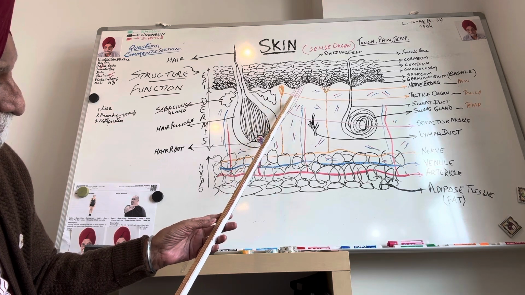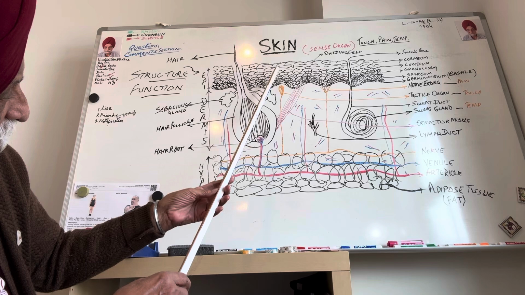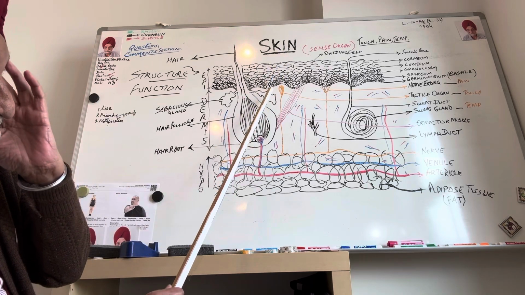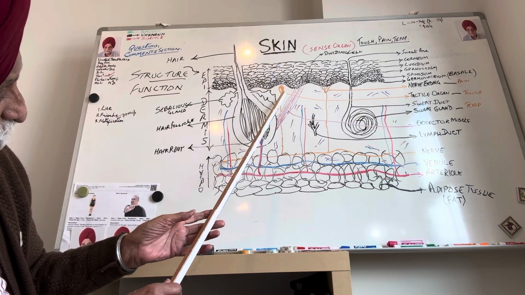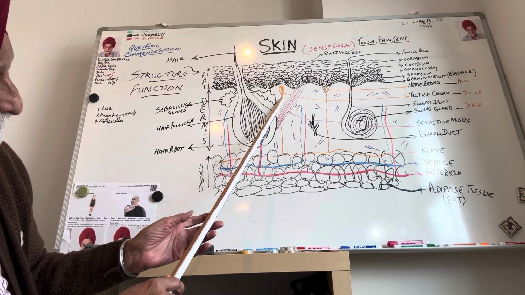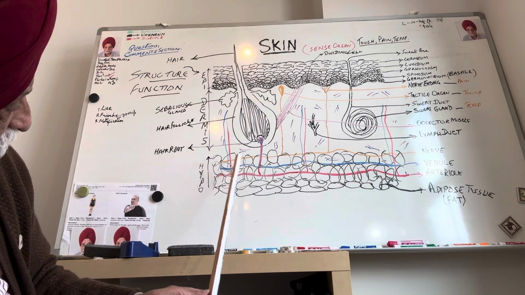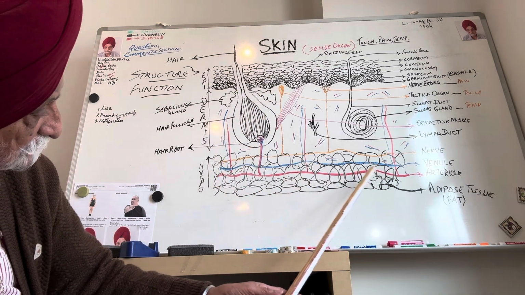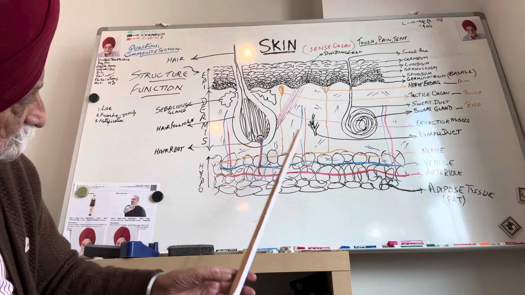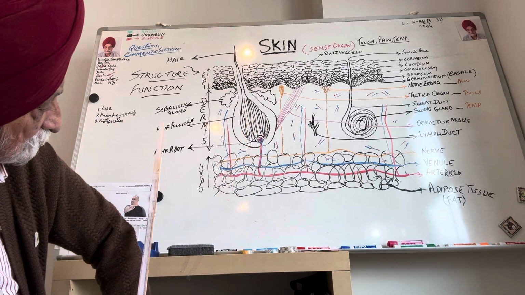These tactile organs are sensitive to touch. If the body is touched like this, then these tactile organs are activated. In addition, there are nerves which supply these sense organs, the nerve endings and the tactile organs.